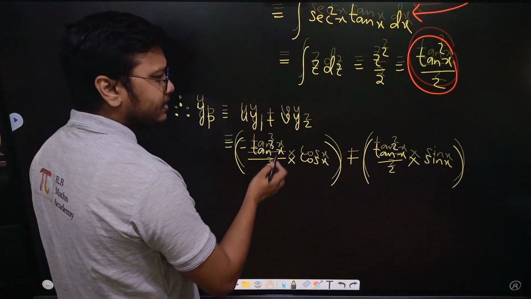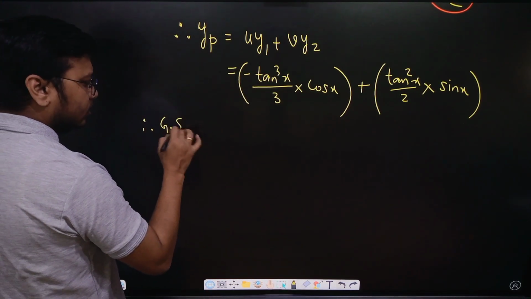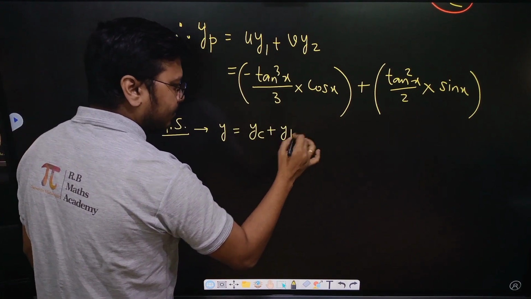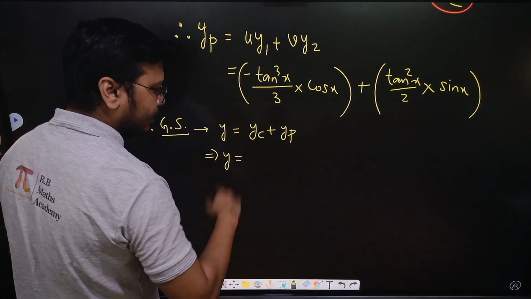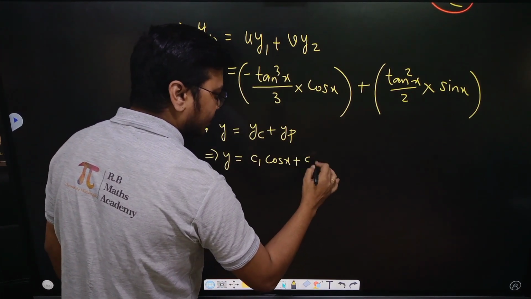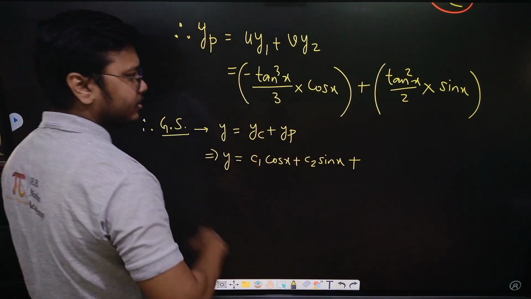So finally we can say that our general solution y is given by yc plus yp. So y would be, yc was c1 times cos x plus c2 times sin x, plus yp is just this value.